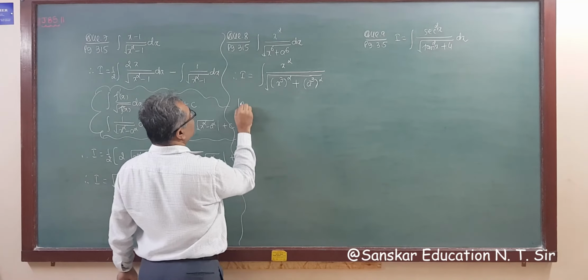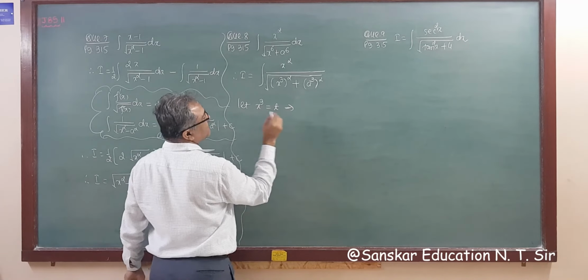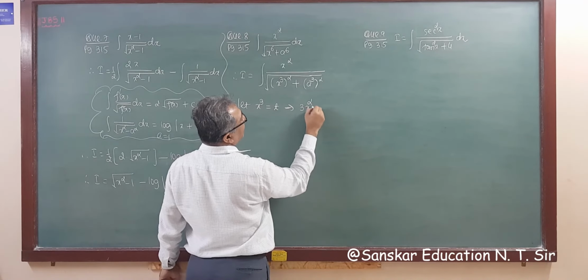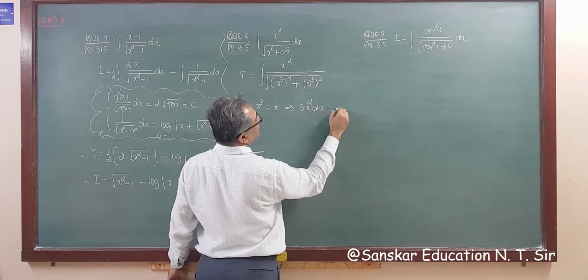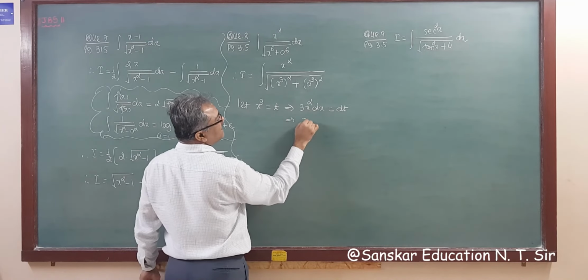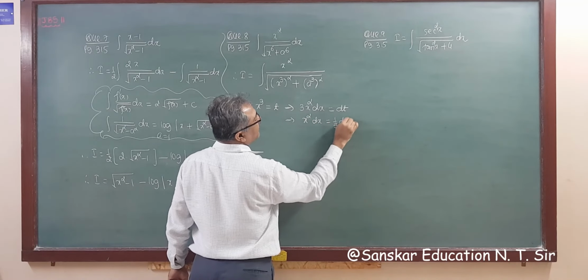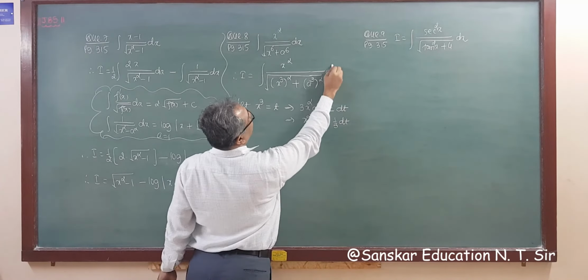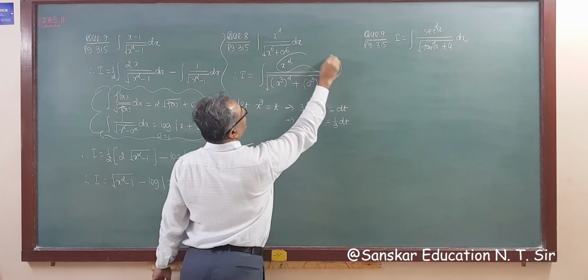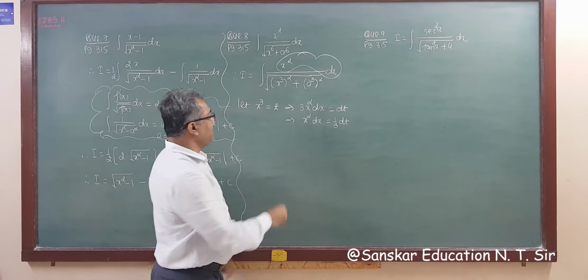So let x cube is equal to t. So 3x square dx is dt, but here is only x square, so making it the subject, x square dx we will get 1 upon 3 dt. Sorry, I forgot to write dx here, right? So x square dx is 1 upon 3 dt.